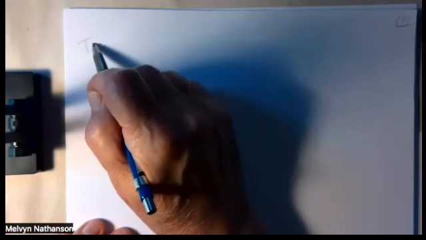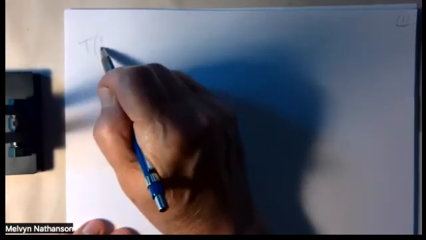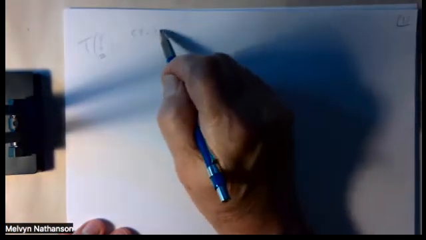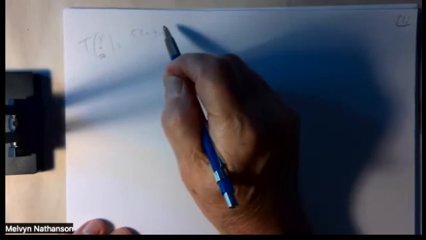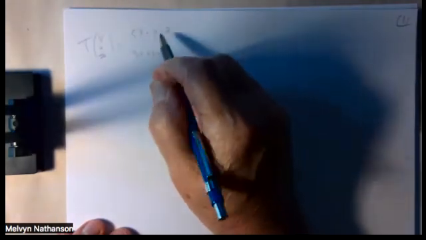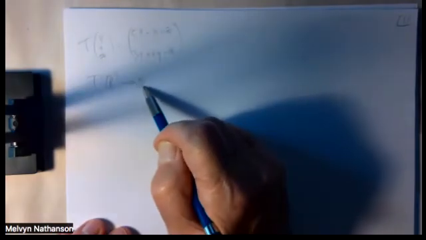So let's start again. I have T is the linear transformation 5x minus y plus z, 3x plus 2y minus z. And so T is a map from R3 to R2.